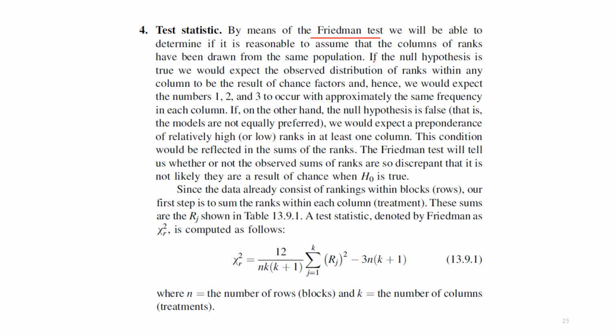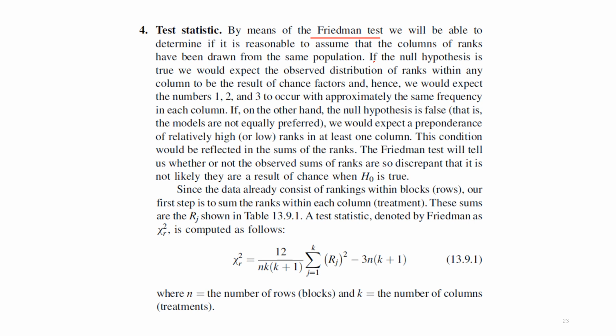On the other hand, if the null hypothesis is false, it means the models are not equally preferred. Some specific model is more preferred by the therapists. Then we have to reject the null hypothesis. So we would expect a preponderance of relatively high ranks in at least 1 column.